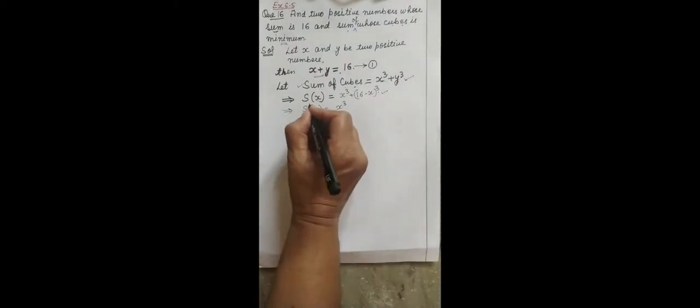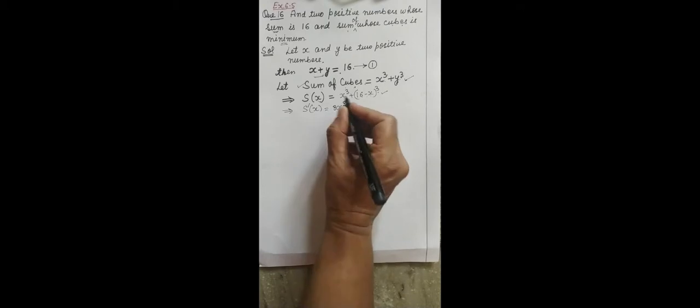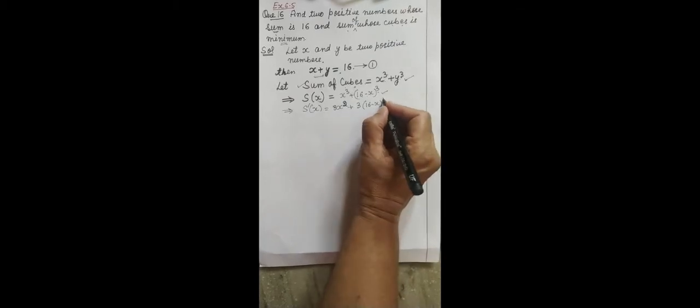For that, I will differentiate this function on both sides with respect to x. So S'(x) will be 3x square plus 3 times (16 minus x) whole square, and by chain rule, the derivative of 16 minus x, which is minus 1, will be multiplied.